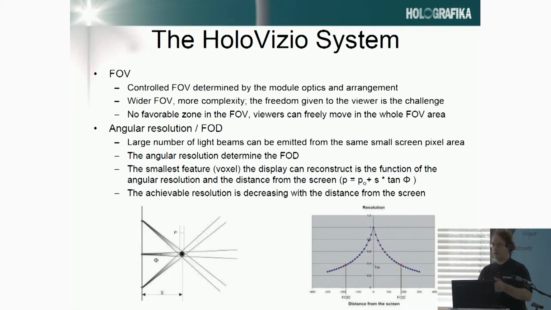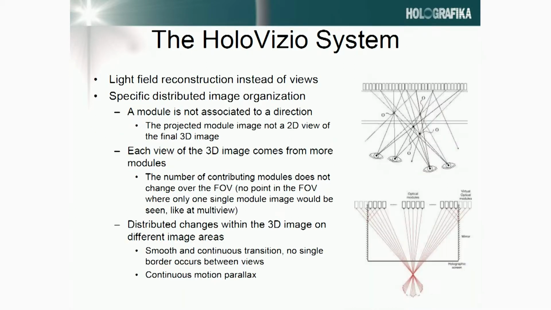Because the denser the light rays are, the more precision I have farther away from the screen. And we know that the density of the light rays will decrease when I move out of the screen. So I have this achievable resolution that will decrease with the distance from the screen.